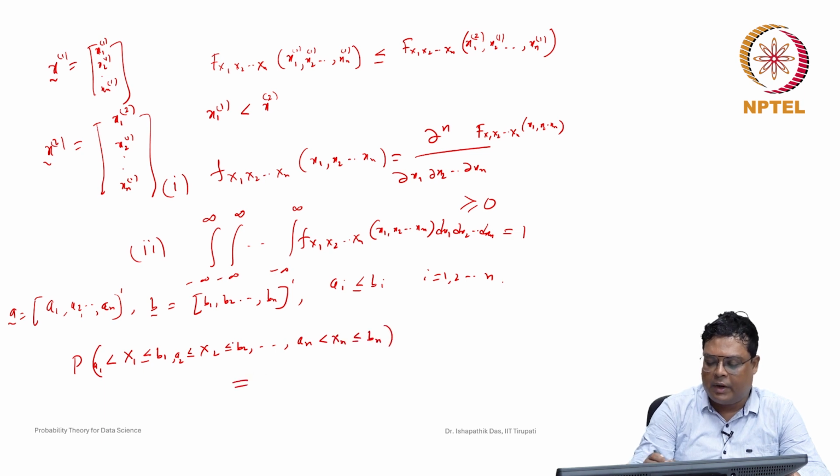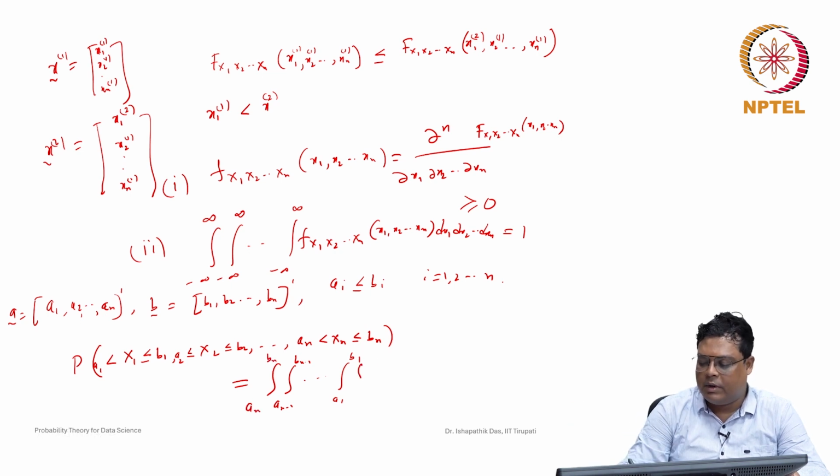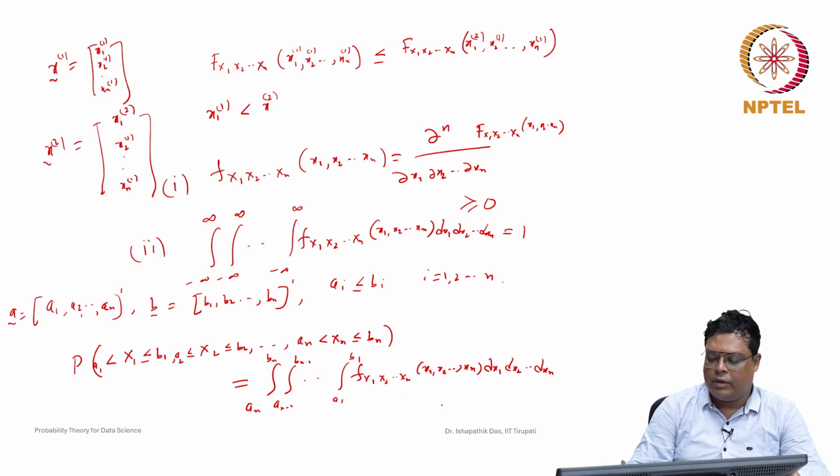This probability we can find by integration, from a1 to b1, a2 to b2, up to an to bn, of the probability density function f of x1, x2, ..., xn dx1 dx2 ... dxn.